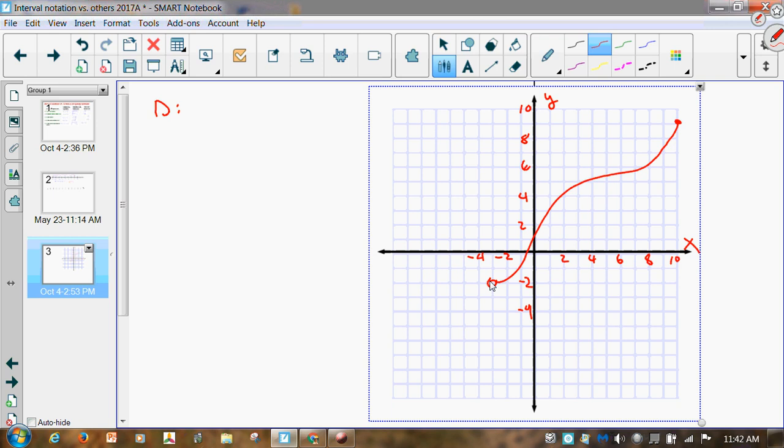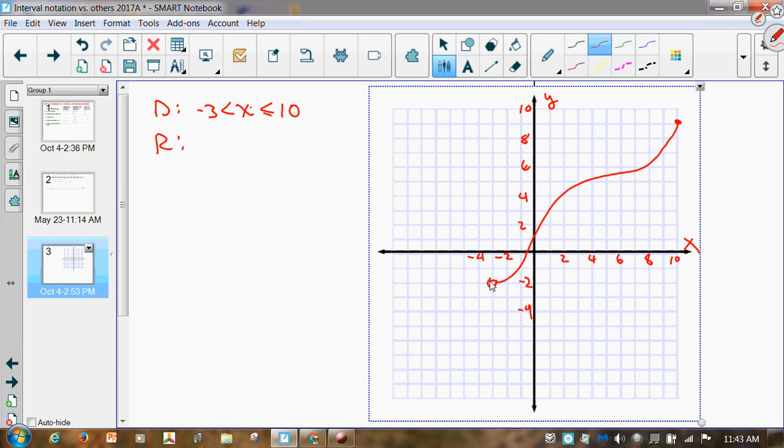Okay, so we would say that x is greater than -3. There's no filled-in circle here, right? And this is the number line notation that's on the graph, and less than or equal to 10, right? Less than or equal to 10. Okay, and what about the range?